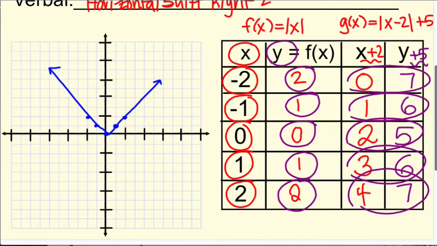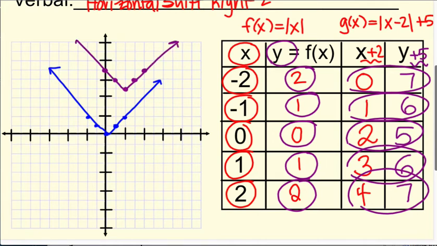And what it should do is it shifts right 2 and up 5. So over 0, up 7. Over 1, up 6. Over 2, up 5. Over 3, up 6. Over 4, up 7.